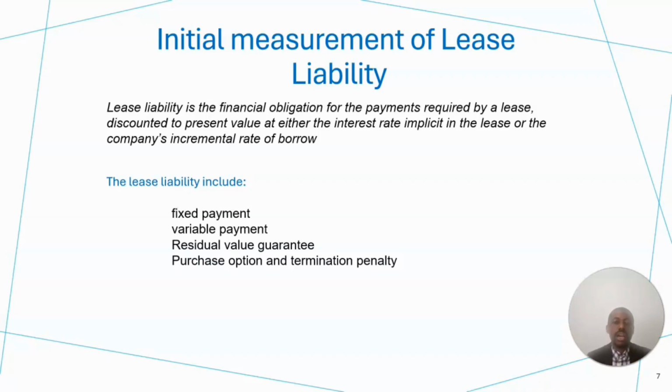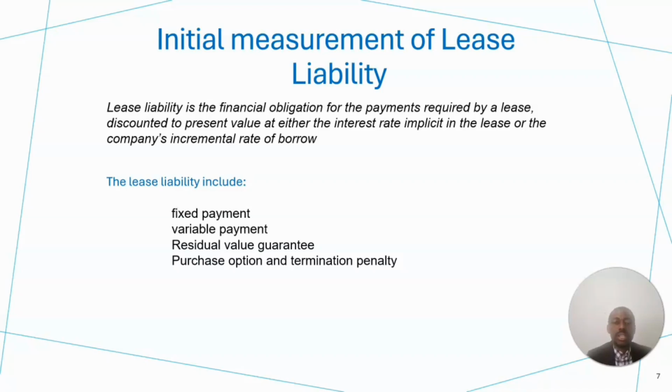But I'm not going to recognize 5 million naira because of the time value of money. 1 million naira today will not be 1 million naira tomorrow, and it will not be 1 million naira next year. So I need to get the present value of each of these annual payments.